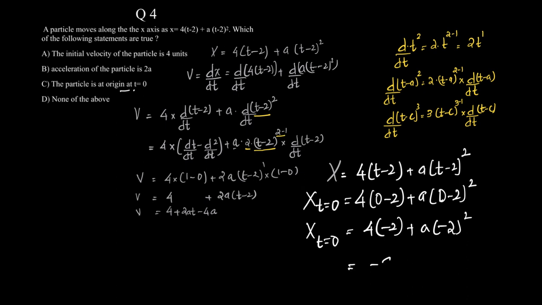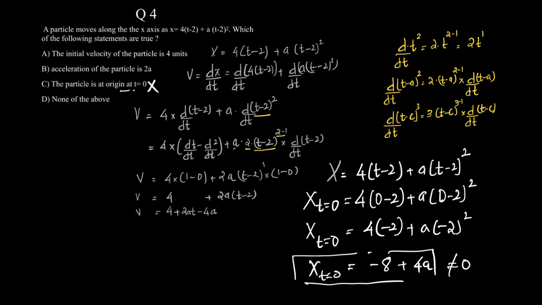So what we get is minus 8 plus 4a. So x at t is equal to 0 is minus 8 plus 4a, which is definitely not equal to 0, in which case we can say that the particle is not at origin at t is equal to 0. So we have ruled out that point.